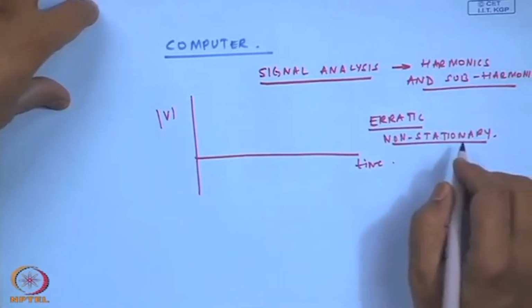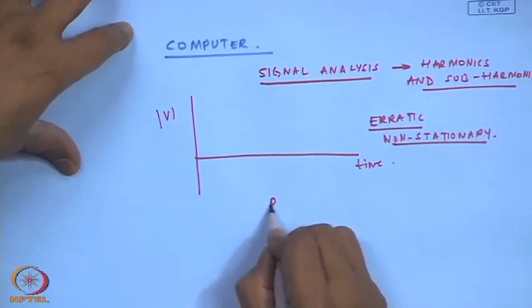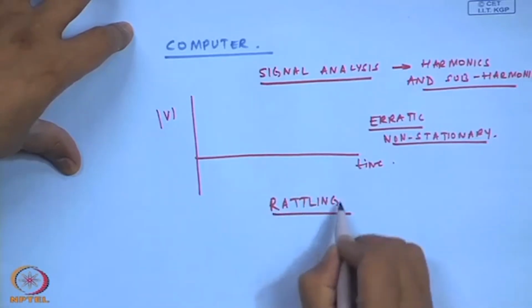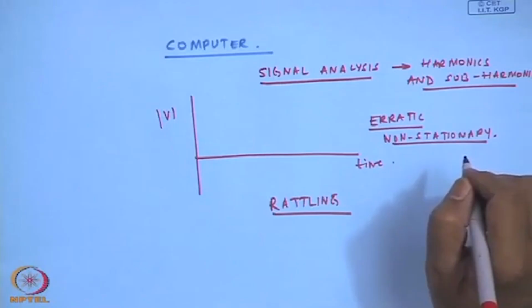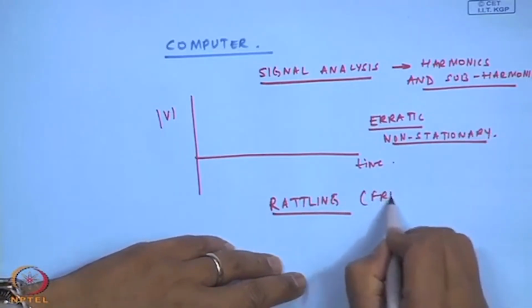And of course, looseness, another word for it, means rattling. This rattling may be at frequencies which are close to each other.